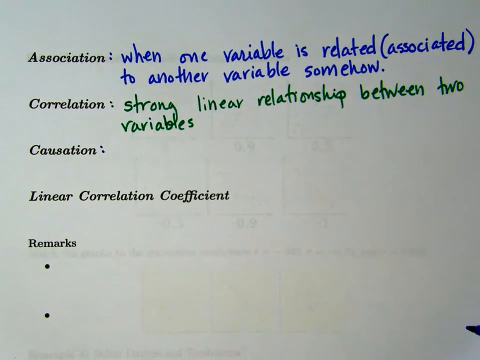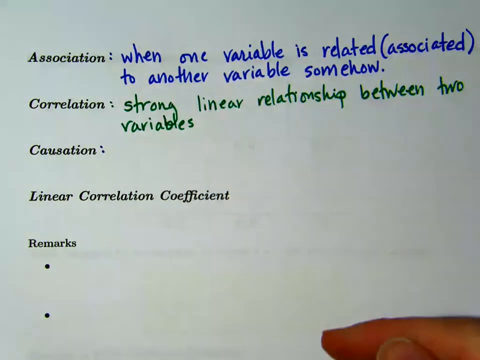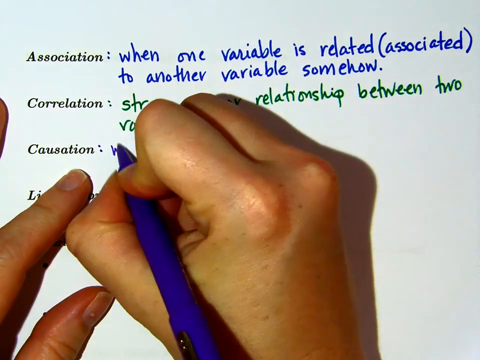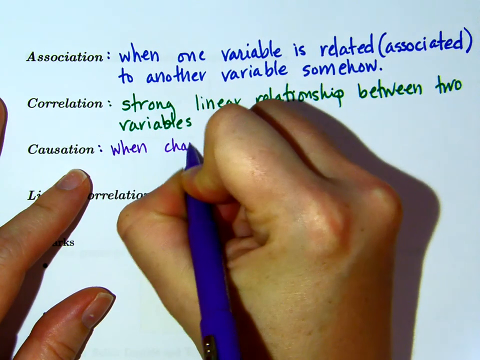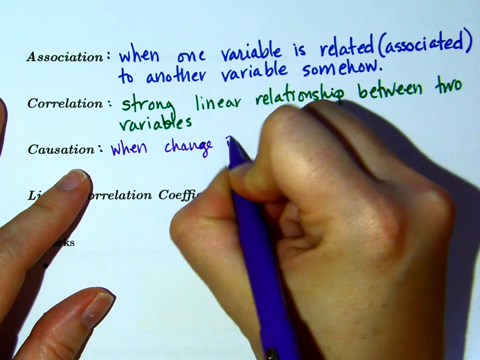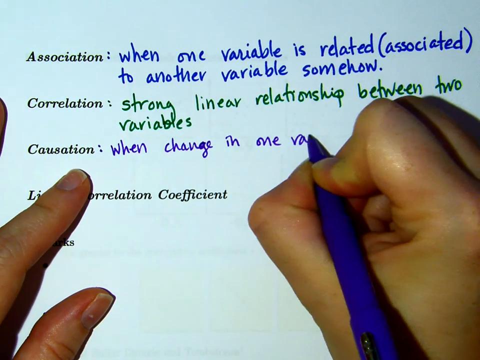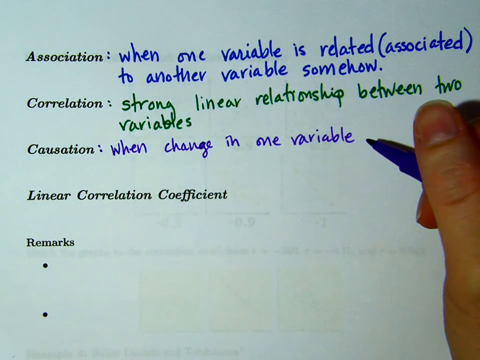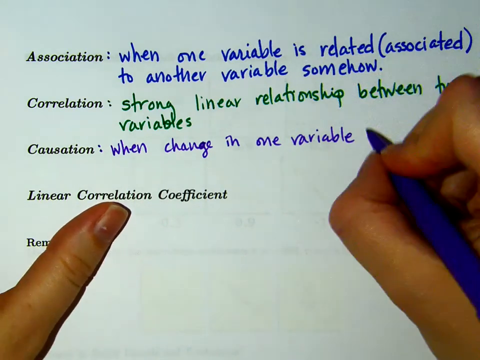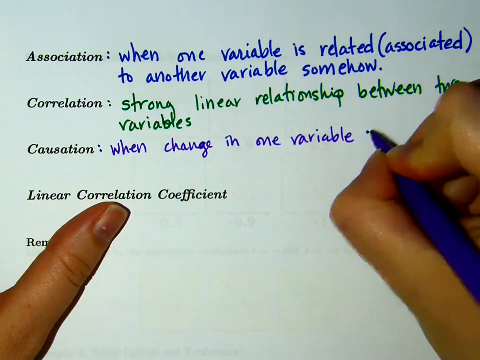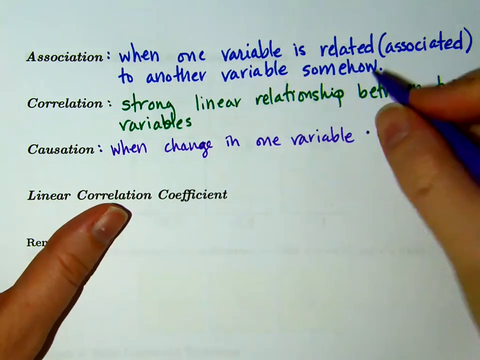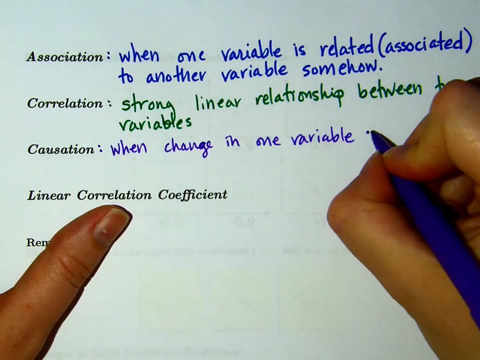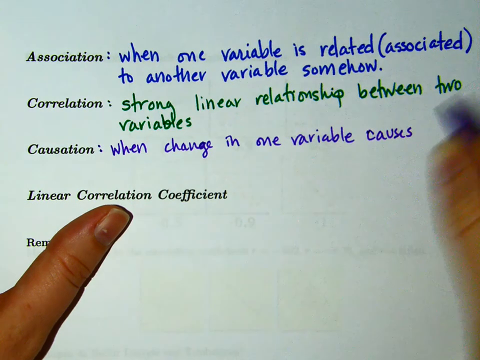Causation is when changing one variable causes a change in the other. So causation. When change in one variable, I did it again.